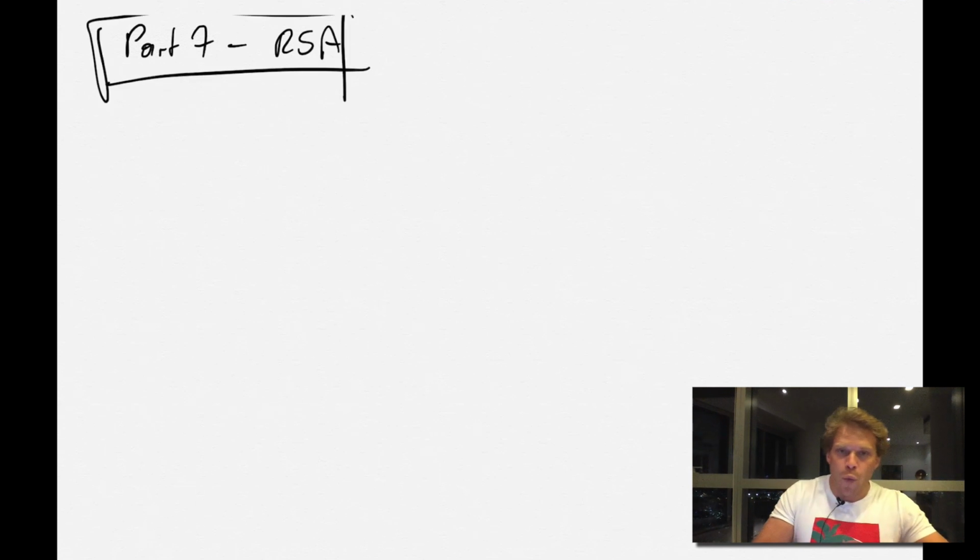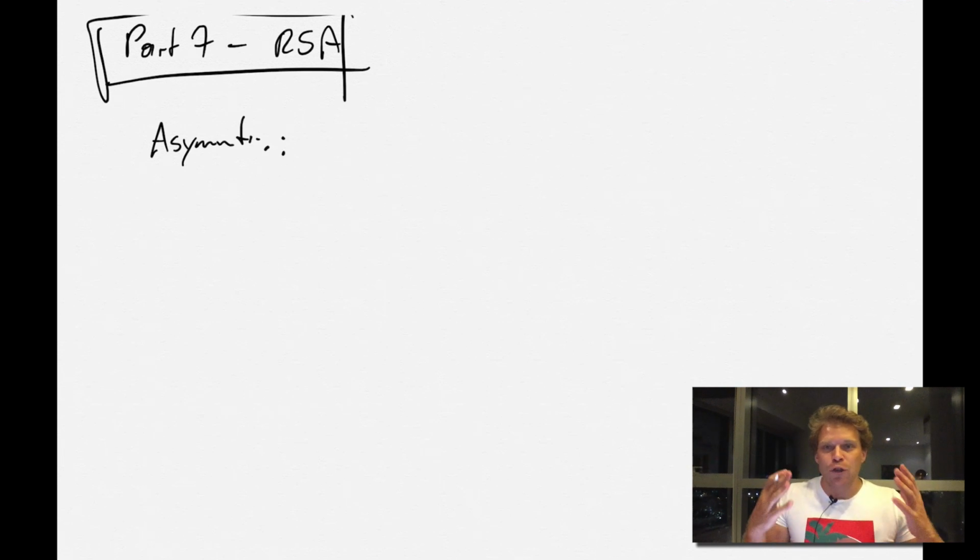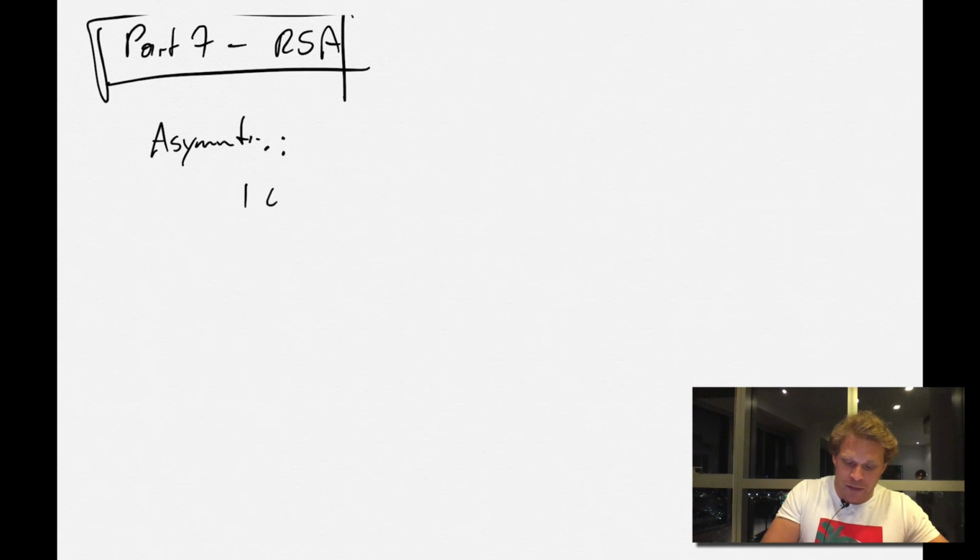Now, remember, quick summary, when we talk about asymmetric cryptography, we want to be able to do a few things. The first thing we want to do is we want to encrypt and then obviously decrypt. And we want to be able to sign.